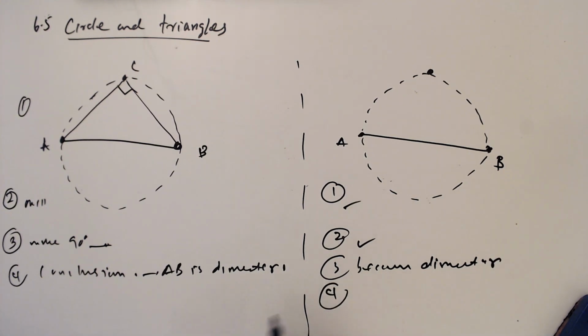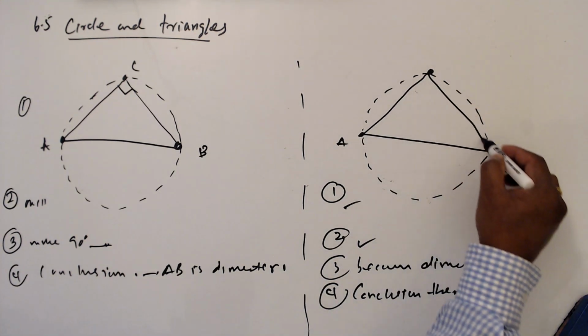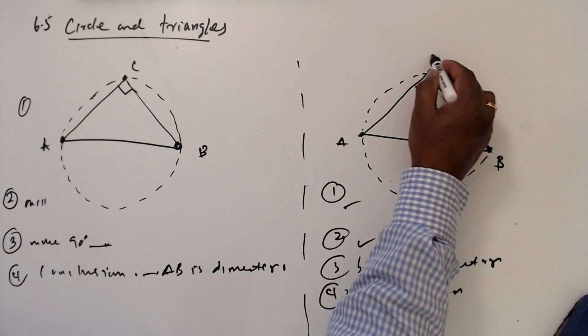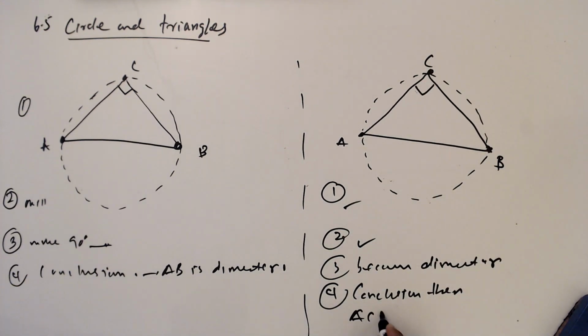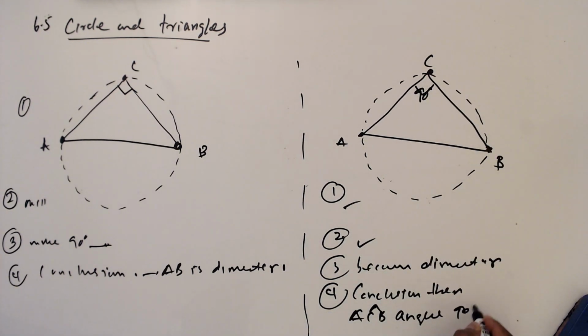Then what is the conclusion? When you merge those two lines, angle ACB is 90 degrees.